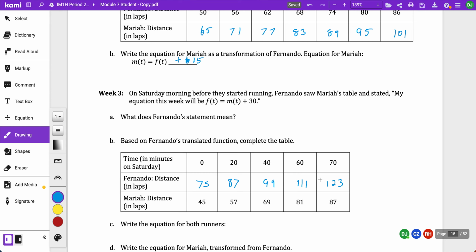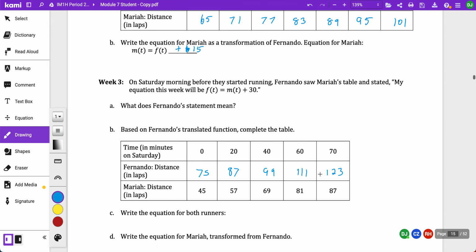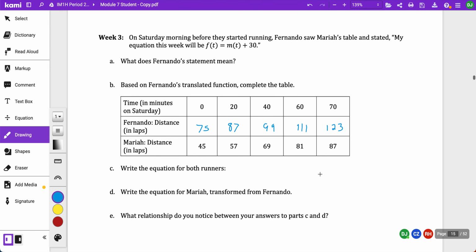All right, so then from there, make sure I got that right with my mental math in my head. Okay, so then from there, guys, what we are going to do is write an equation for both runners. And so when we look at this, the first equation we can do is m of t is equal to 3/5 t plus 45.